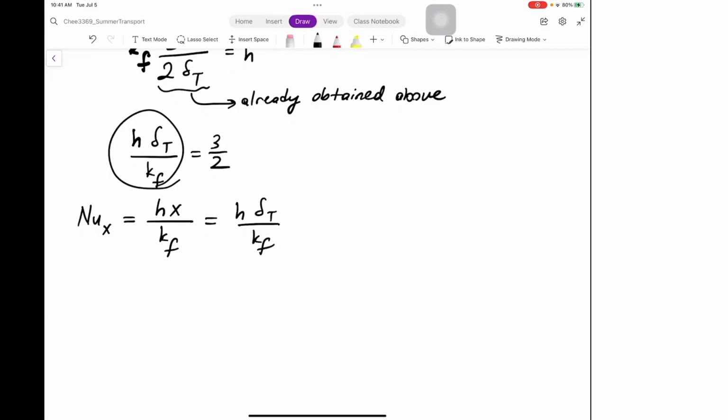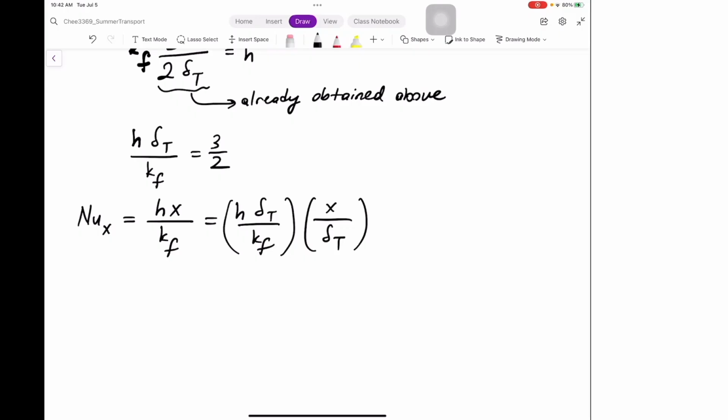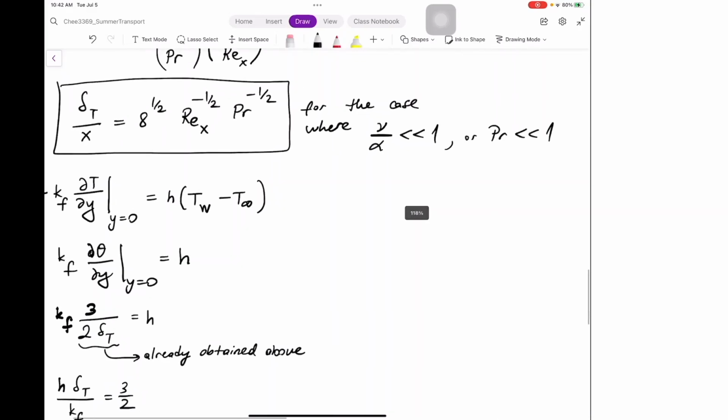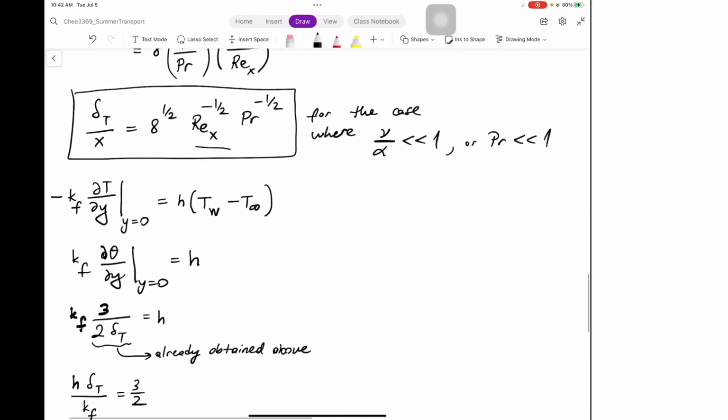I want to make it look like this one, so I multiply by delta T and divide by delta T, and I get x over delta T. That's equal to 3 over 2 times x over delta T, and we know x over delta T from here: it's 1 over the right-hand side.